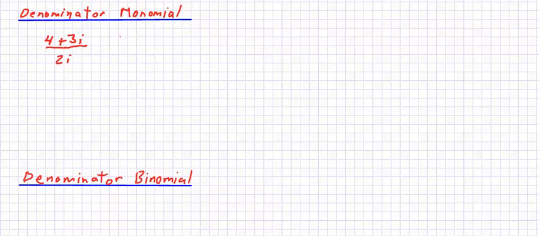Now, just like we could not have a square root in the denominator, we cannot have i in the denominator. No imaginary number in the denominator.